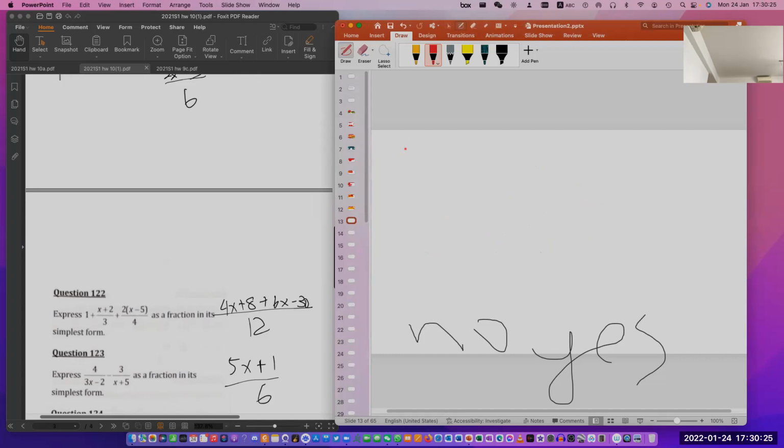So for 122, 1 plus (x plus 2) over 3 plus (2x minus 5) over 4. Okay, clearly, this is an expression. So you are not supposed to delete the denominator. You are supposed to retain the denominator.